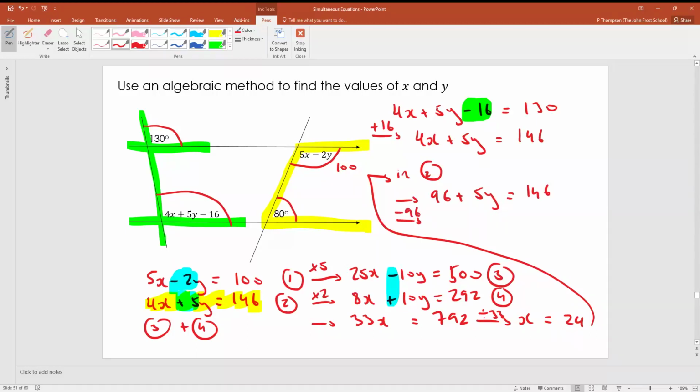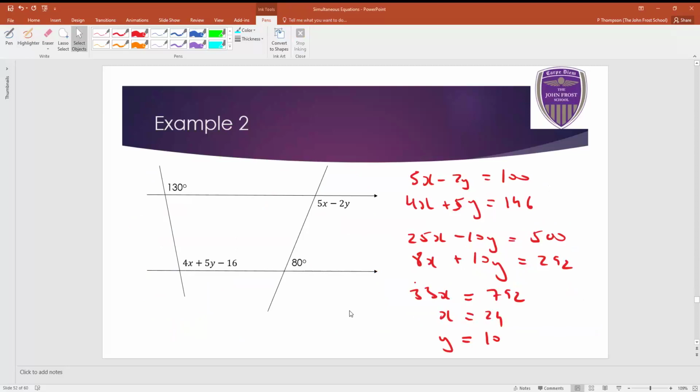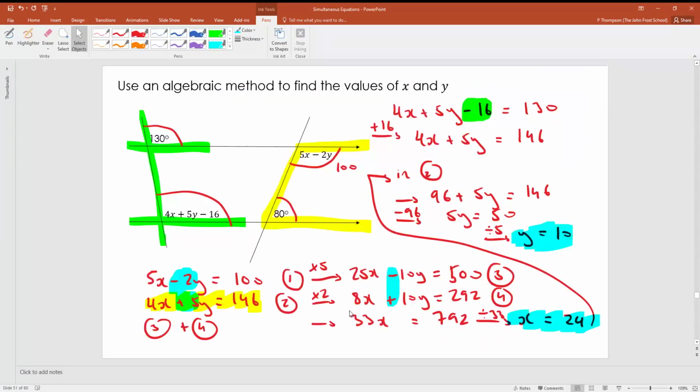Subtract the 96 and you get 50. Then divide by 5 and you get y equals 10. Okay, so because my work is a bit scruffy there, let me highlight the answers. Y is 10 and x is 24. So yeah, that's done there.